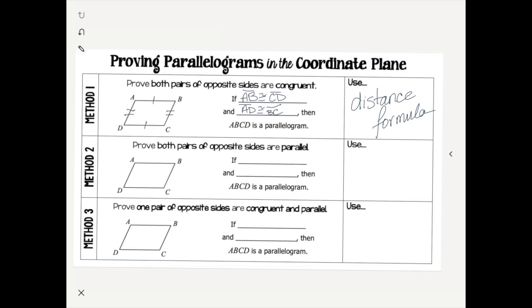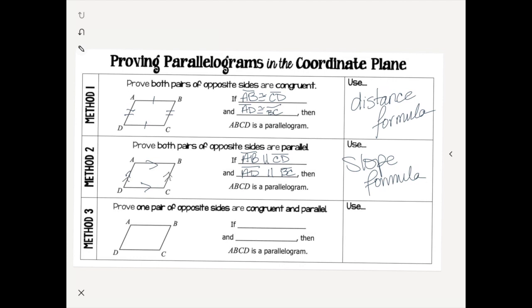The second method is to prove that both pairs of the opposite sides are parallel. In order to do that, we are going to use the slope formula. And if you remember, parallel lines have the same slope. So we'll show that AB is parallel to CD and AD is parallel to BC using the slope formula.